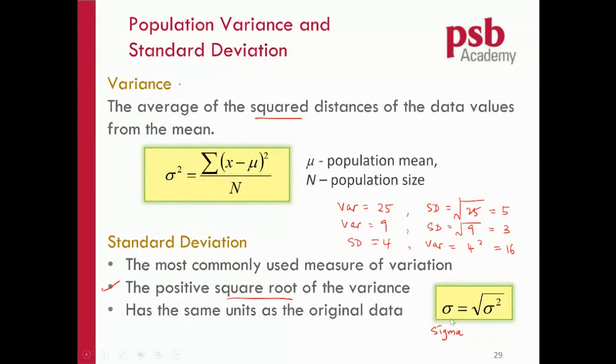This sign is read as sigma. So if you want to find the standard deviation, you just take the square root of the variance, and you get sigma. So this is the formula for you to find the variance. Just ignore it. I will show you another one.